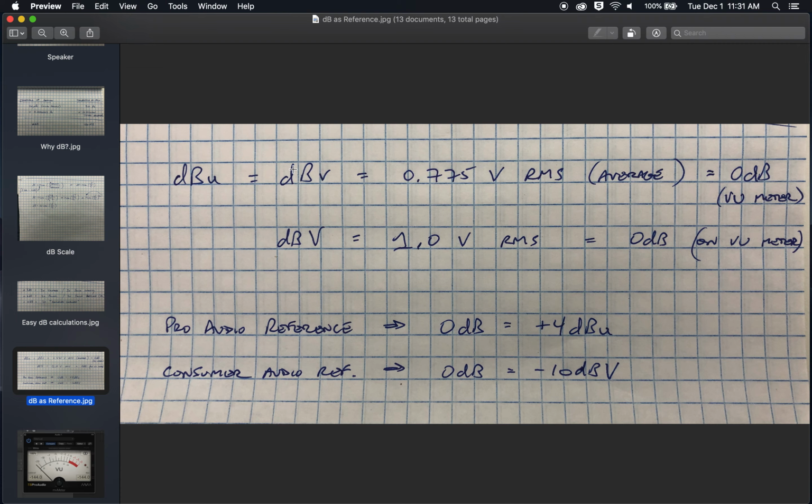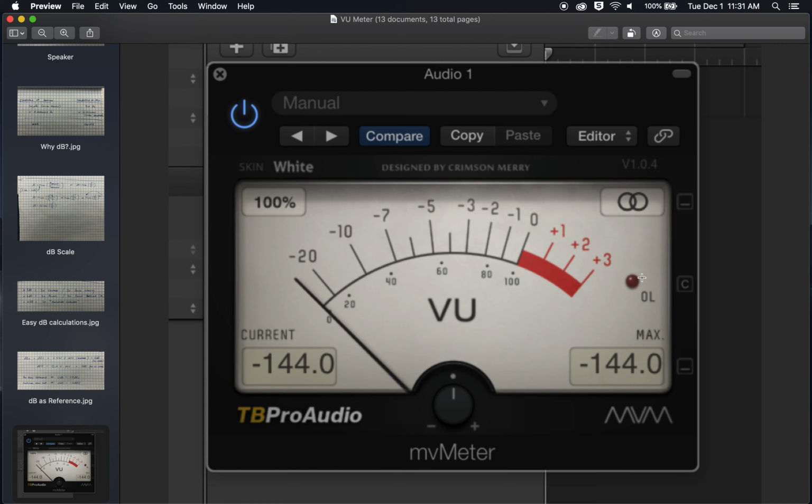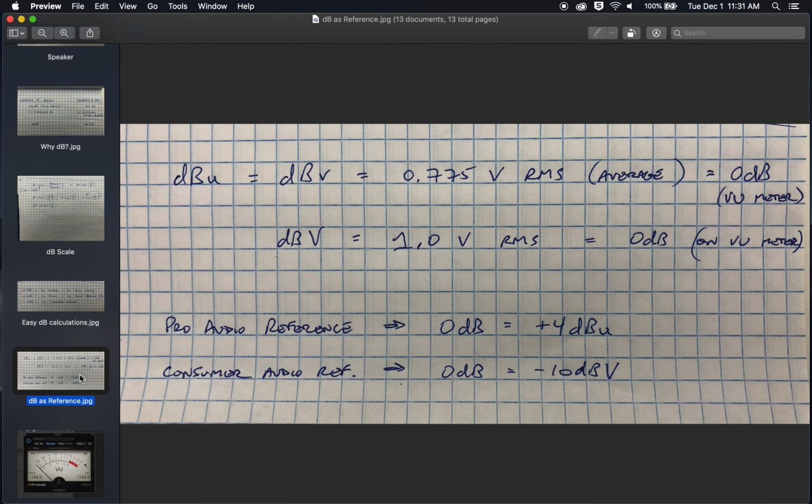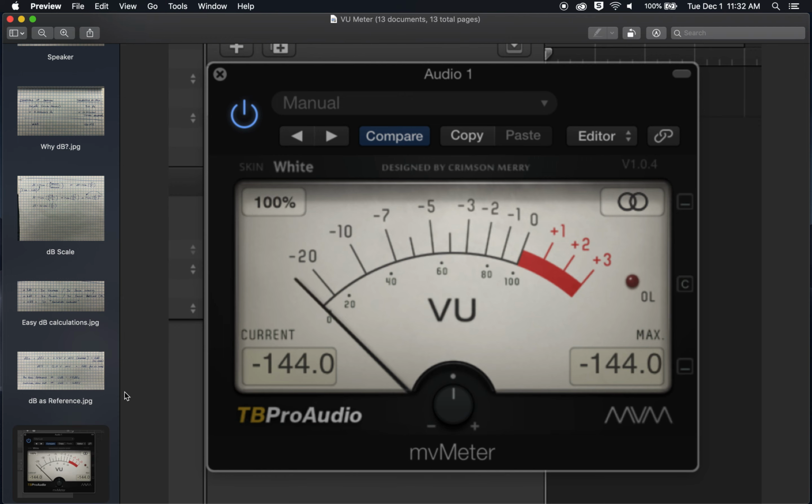That is what 0 dB on our VU meter is, this voltage rating, which is basically 0 dB VU or 0 dB V. dB with a capital V is just based on a different standard, which is at 1 volt RMS instead of 0.775. That would also correspond to 0 dB here.